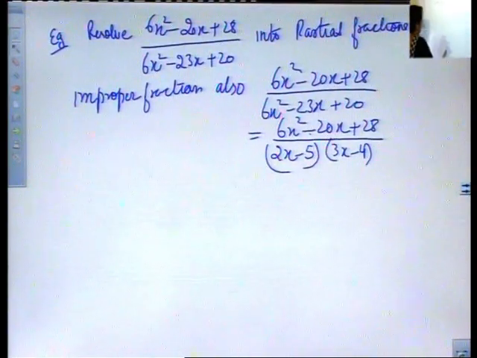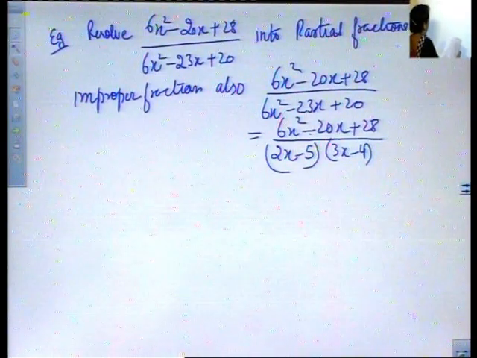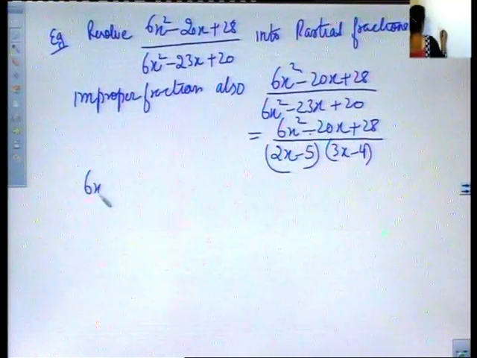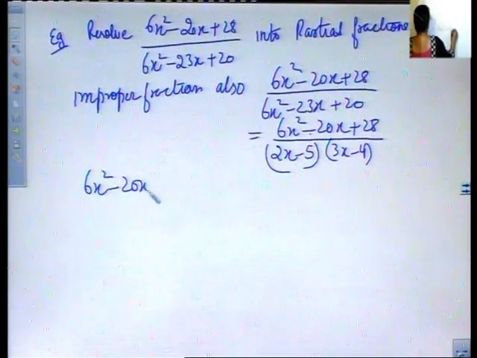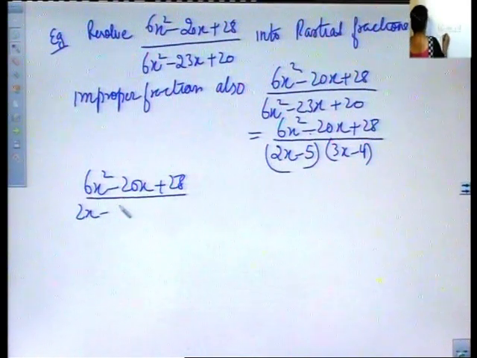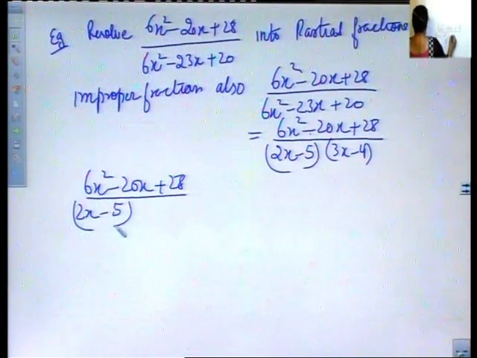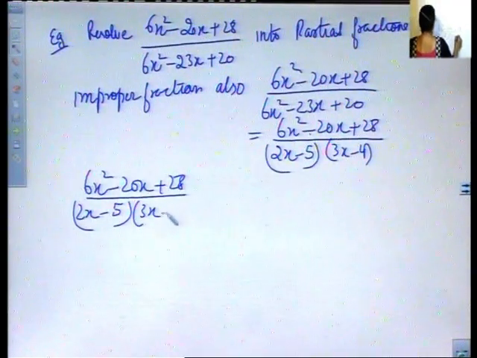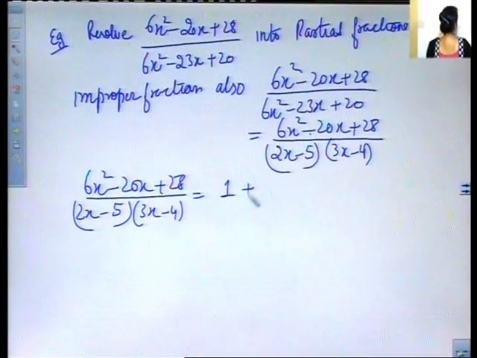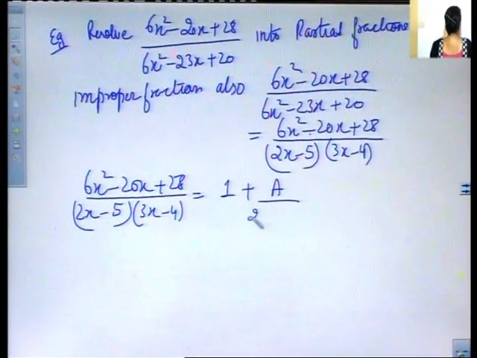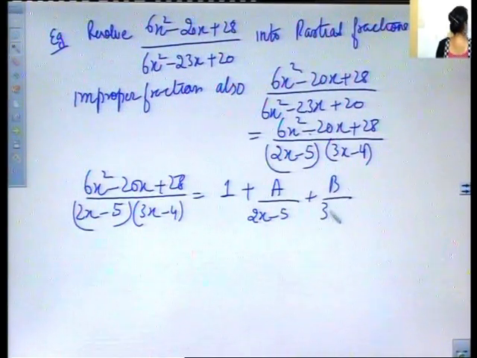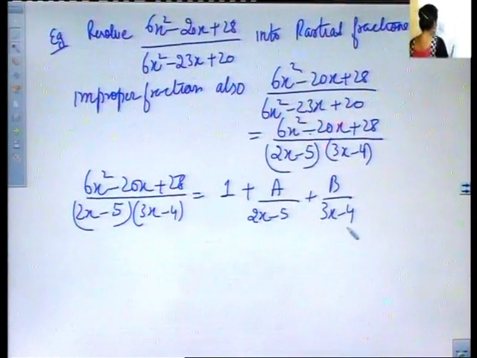So, in case of improper fractions, we will first divide the numerator by the denominator. In this case, this can be written as, on the division we get 1 plus a upon 2x minus 5 plus b upon 3x minus 4.